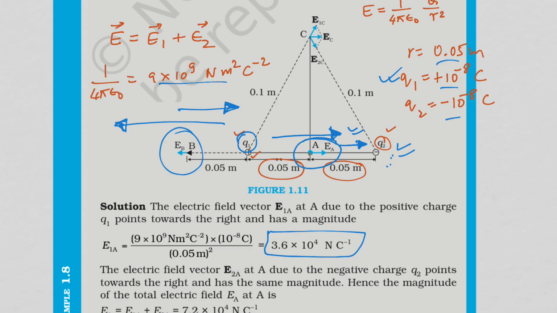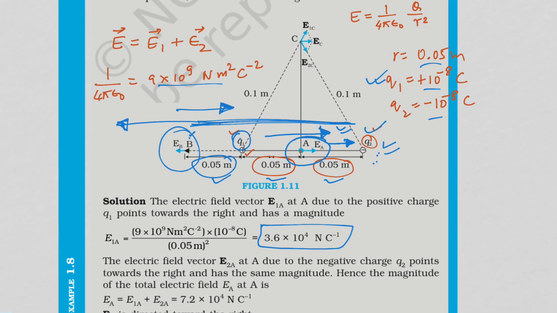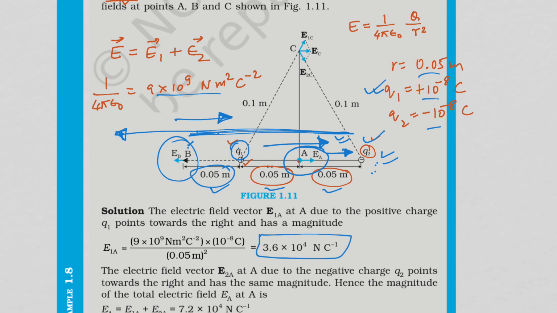Here the distance of Q1 and B is only this much, but the distance of Q2 and B is this long. So the value of the electric field due to Q2 will be different, and you just add these two values.